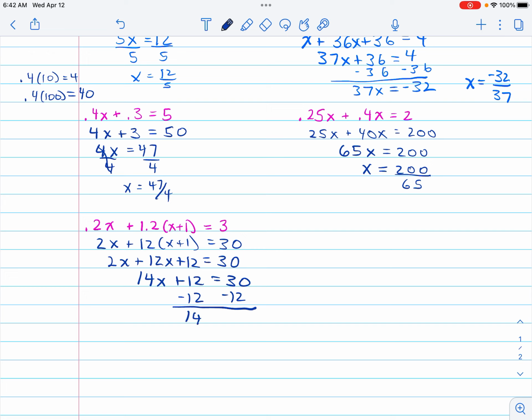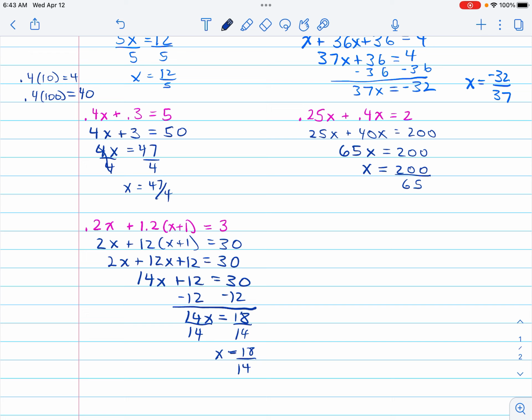And I get 14x equals, let's see here, I guess this would be 18. And then divide by 14. And you get x equals 18 over 14. And once again, you could divide the 2 out. I guess you get 9/7, but I'll just leave it like this for now.